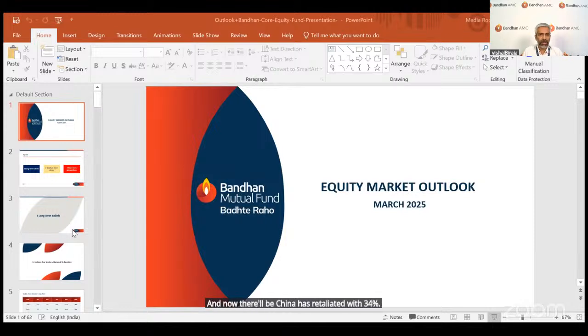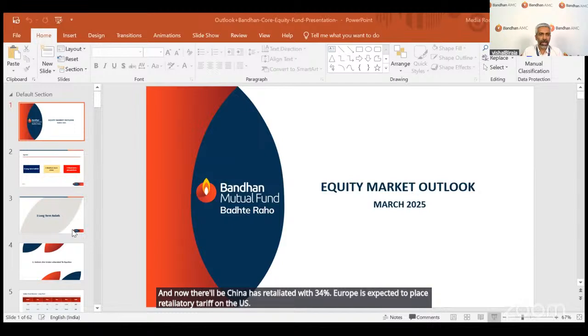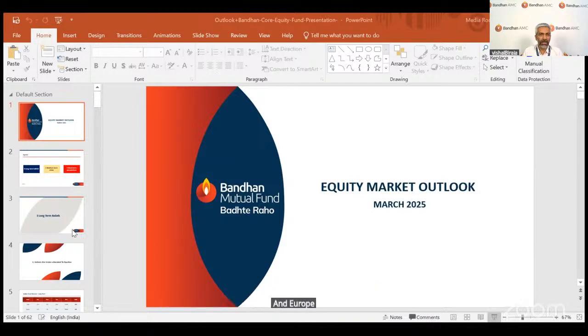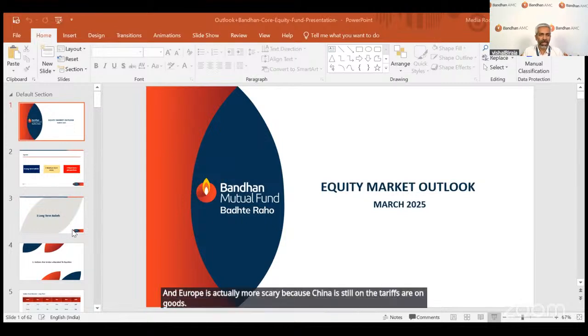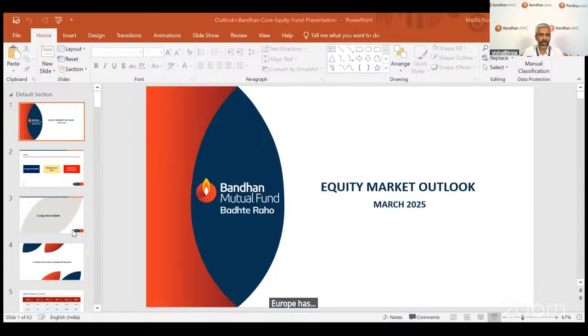Europe is expected to place a retaliatory tariff on the US. Europe is actually more scary, because China's tariffs are on goods, while Europe has suggested that they might even tax services. The US is the largest exporter of services globally.